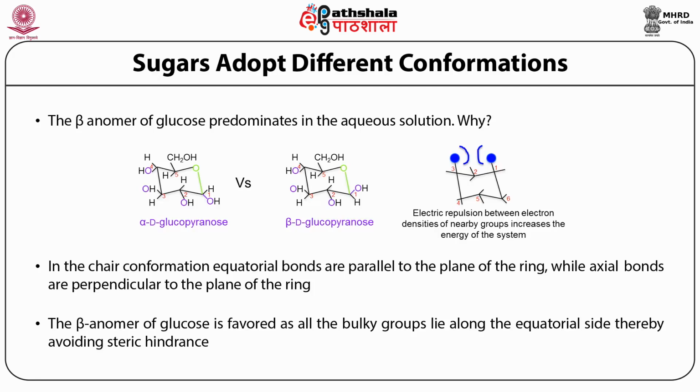So if you look at the beta D-glucopyranose, you will see that all the large hydroxyl groups point at the equatorial position, and hence there is less steric hindrance in the beta D-glucopyranose as opposed to alpha D-glucopyranose.